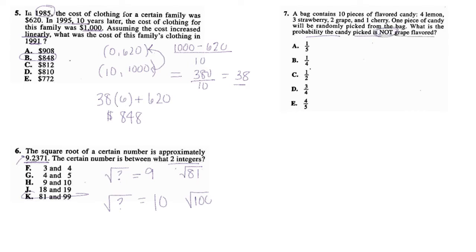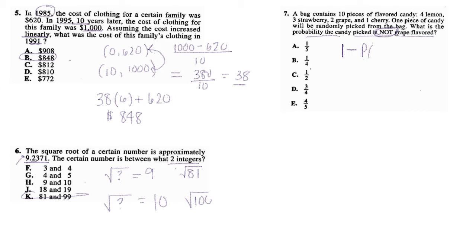So the probability of not grape means that we're getting the probability of every part but grape. Well, each probability has to add up to be a 1. So what I can say is I'm going to take all the possibilities, which is going to equal the number 1, and I'm going to subtract the probability of grape.